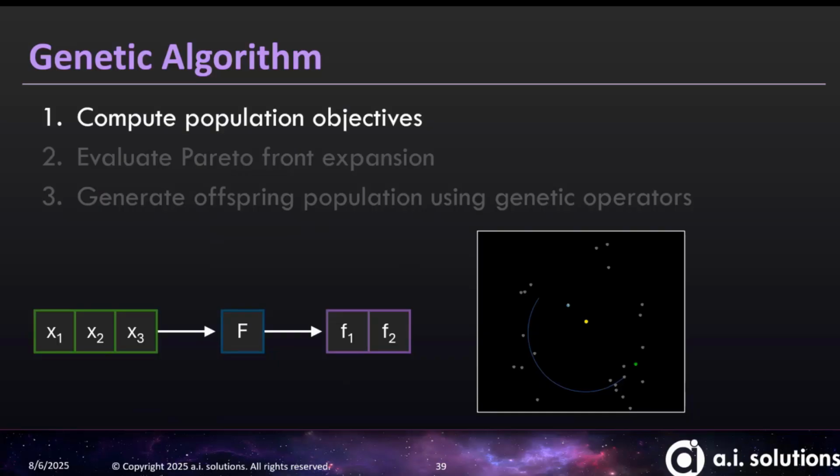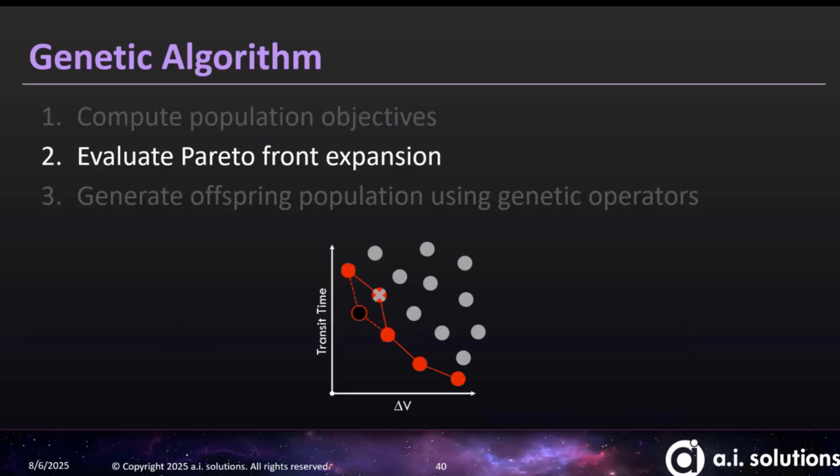So to recap, we start by computing all of the objectives for the population. And then we're going to evaluate how the Pareto front has expanded, how we found any solutions that beat out the previous Pareto front.